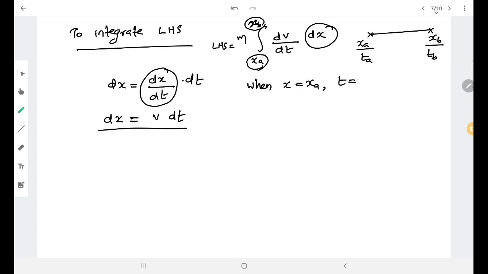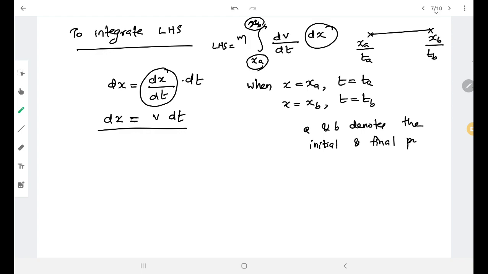So xa and xb denote the initial and final positions, and ta and tb represent the initial and final times.